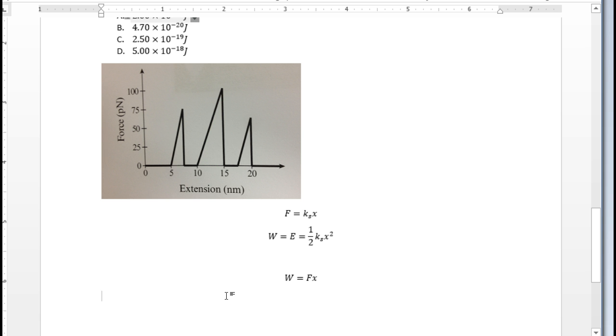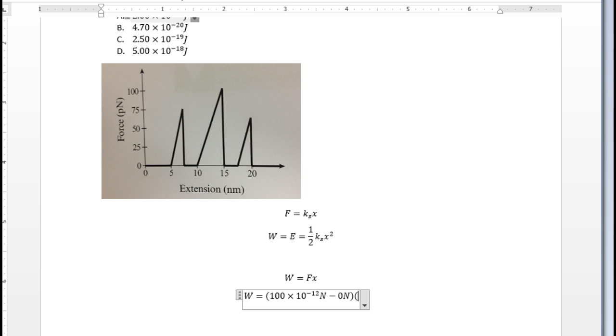So what is the area under the curve? So the work is, the area is, we've got 100 piconewtons, right? 100 times 10 to the minus 12 newtons, a piconewton is 10 to the minus 12 newtons, minus 0 newtons is the amount of work.